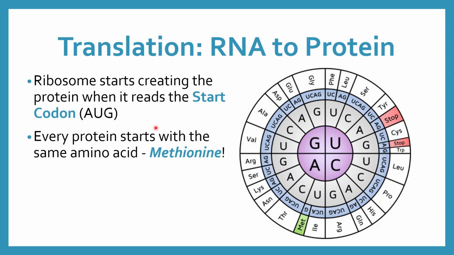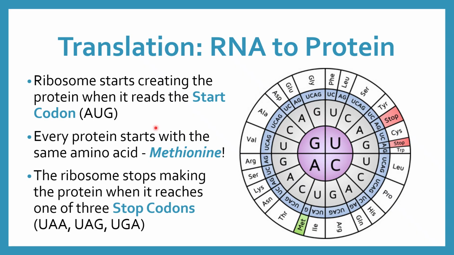So then how does the ribosome know how to stop translation? Where does it know the end of the gene? Well, that's when it reaches a stop codon. There are 3 stop codons in the entire code: UAA, UAG, and UGA. All of those correspond to what's called a stop codon. Now, these do not have amino acids that correspond to them, so the tRNA will basically be empty.